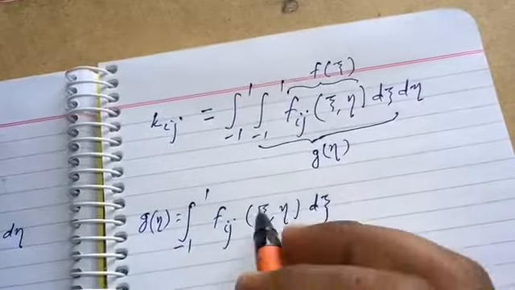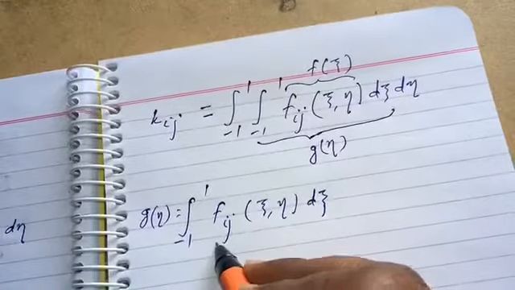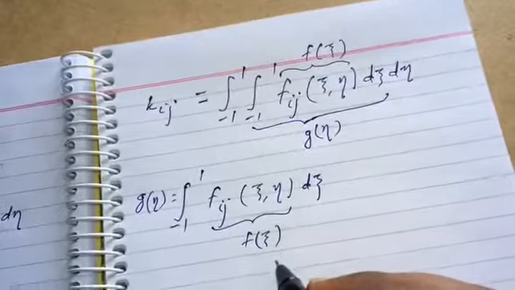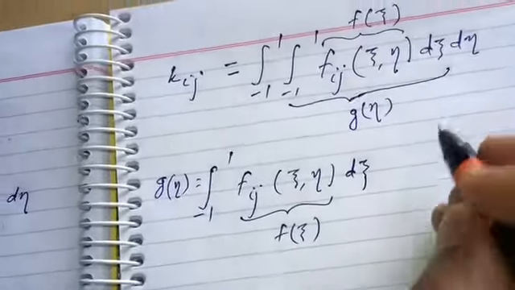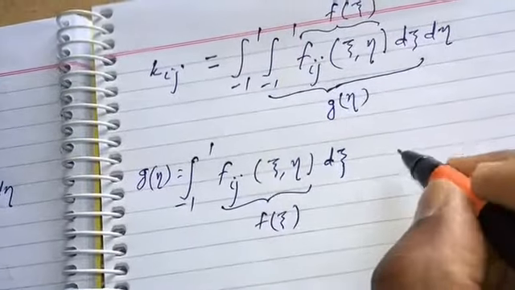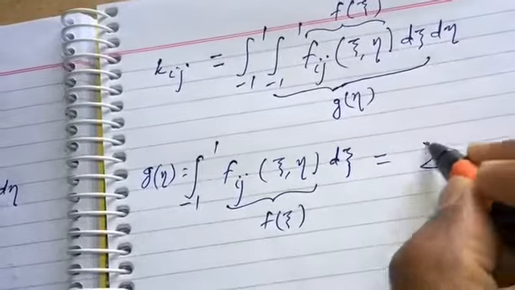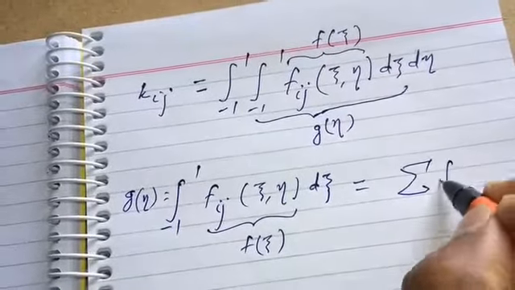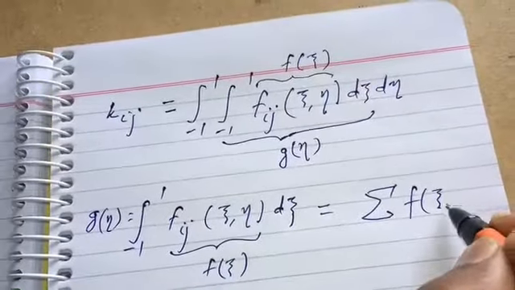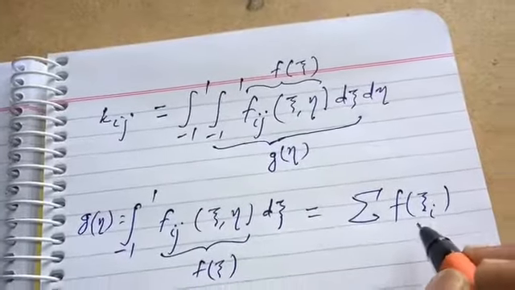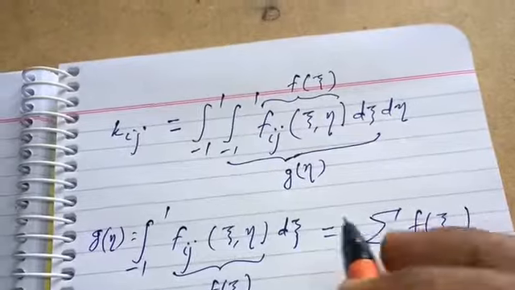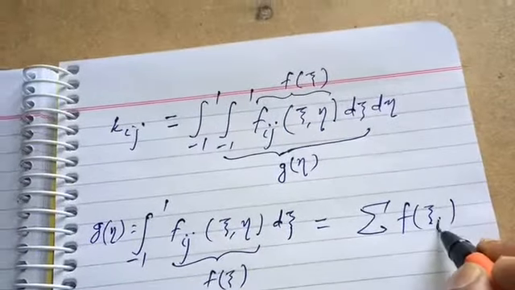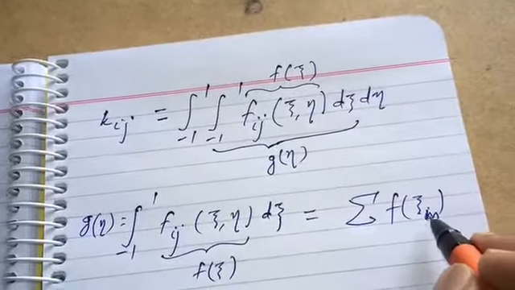Treating it like f of xi, we will have the integration equal to the summation of f of xi_m. Here I am using m, not i, because we have already used ij.